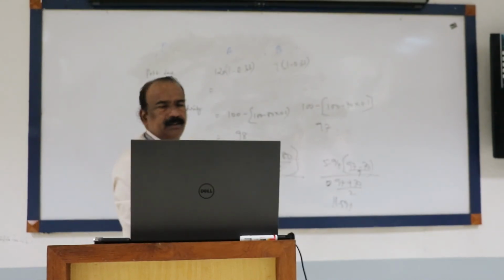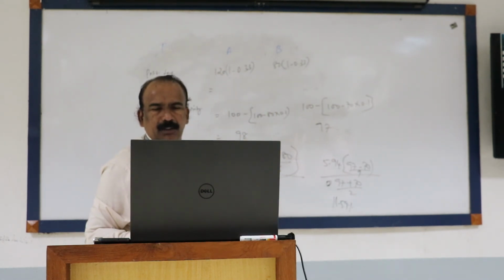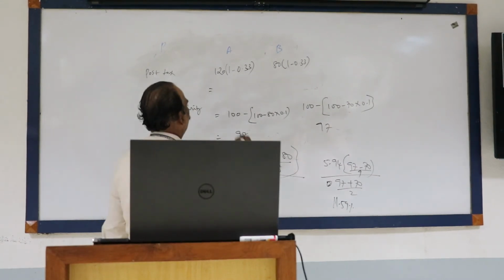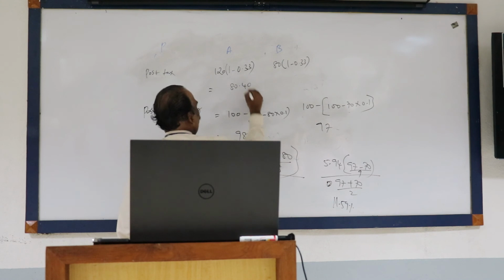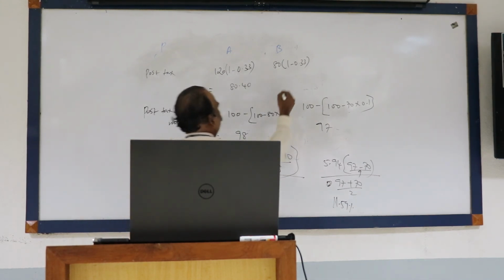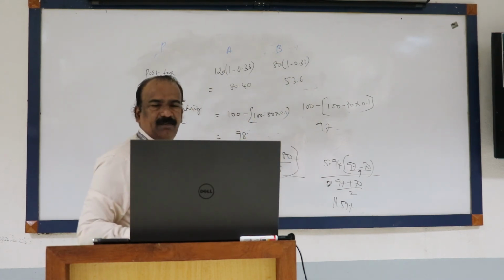So the post-tax interest is 80 minus 40 for one, and for the second one it is 53.6. The post-tax maturity value is 1000.